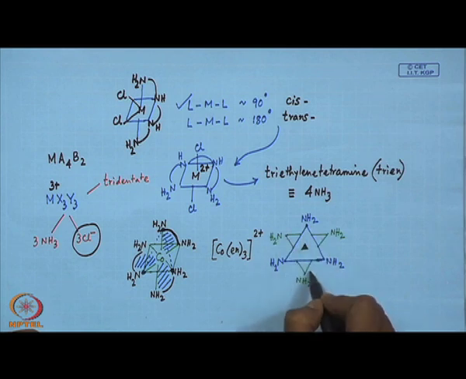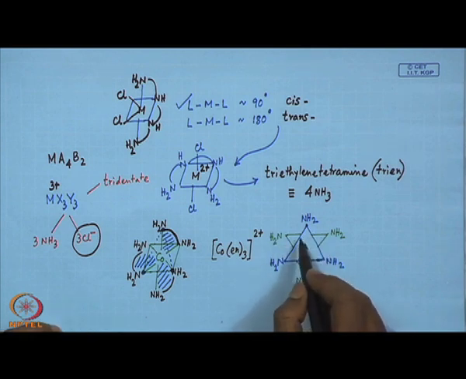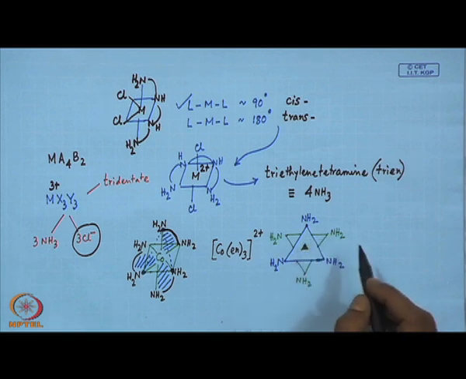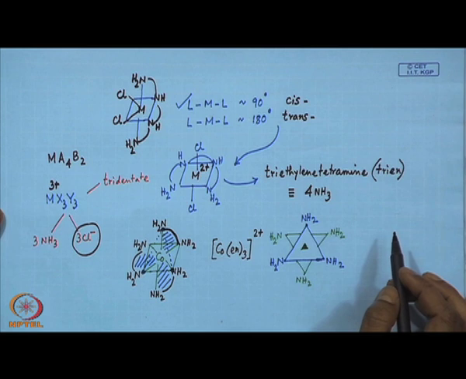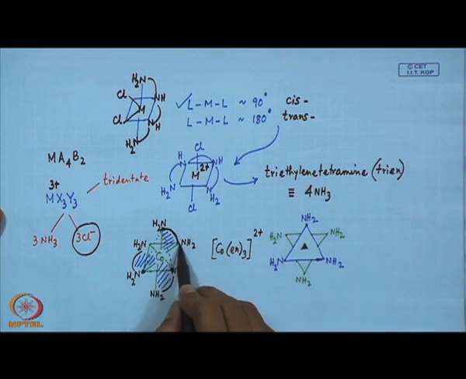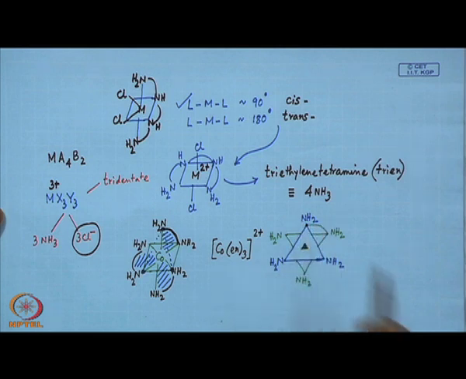That means these 2 faces are not eclipsed, they are staggered. When they move toward each other, we get the corresponding trigonal prismatic geometry that we discussed when we were discussing the coordination number and other geometries. So, these 2 will be connected by this.